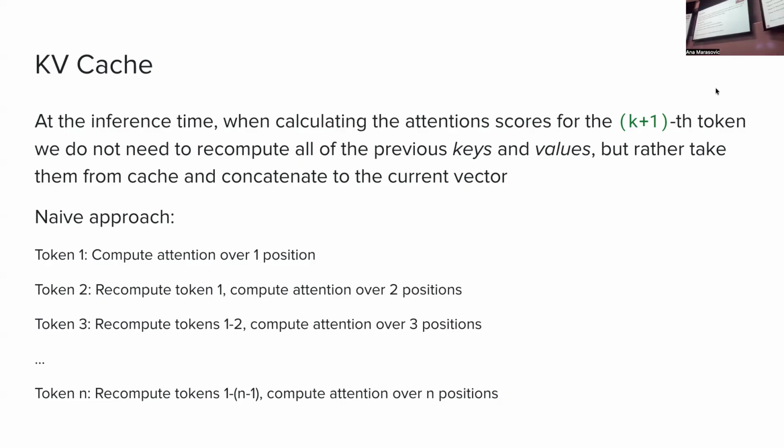So now, what are our keys and values? What are their shapes? As X, we have a matrix with 3 rows, for BOS, T1, T2, and whatever the dimensionality D of the representations is. Then we project this into keys, queries, and values, and we get the same shape, 3 by D.